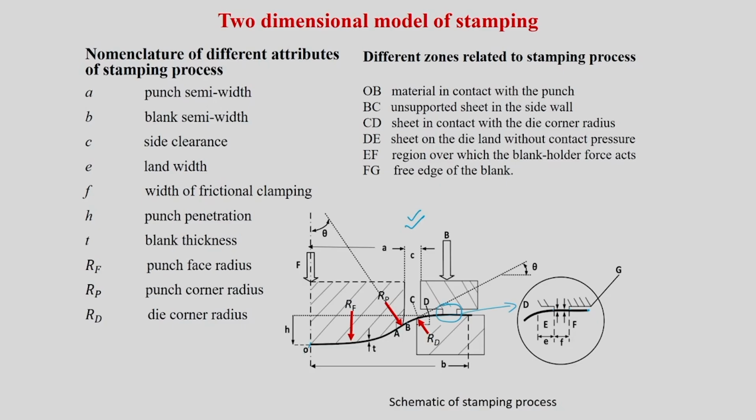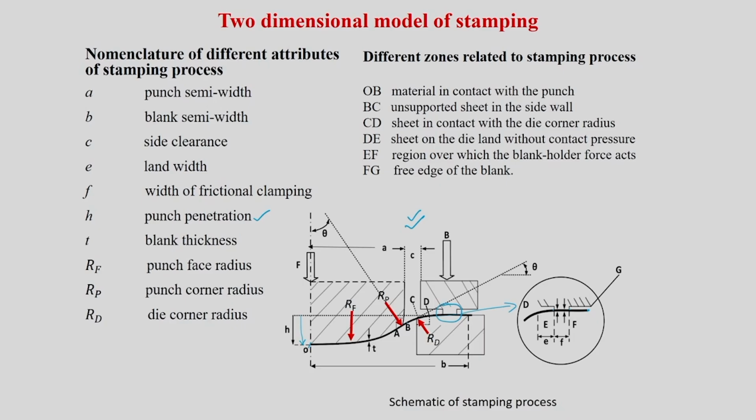Now here you can see that the punch is deforming the sheet, and hence you are going to call this height the penetration height or draw depth. You can call it punch penetration: how much height it has deformed the sheet.